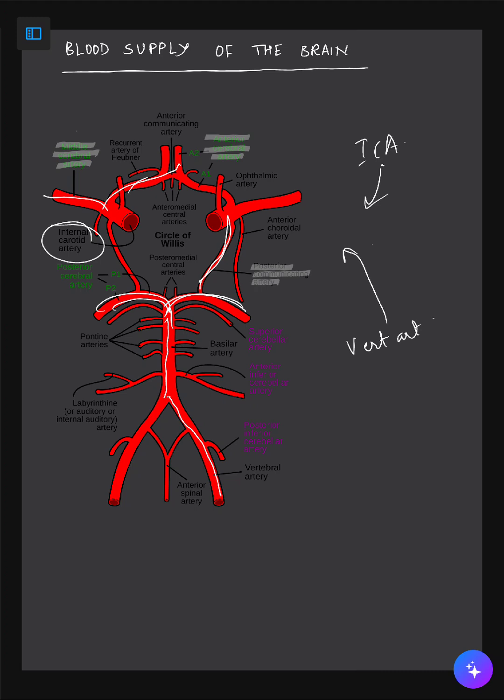Now there are other arteries. You should know where these arteries are located and which structures they supply.